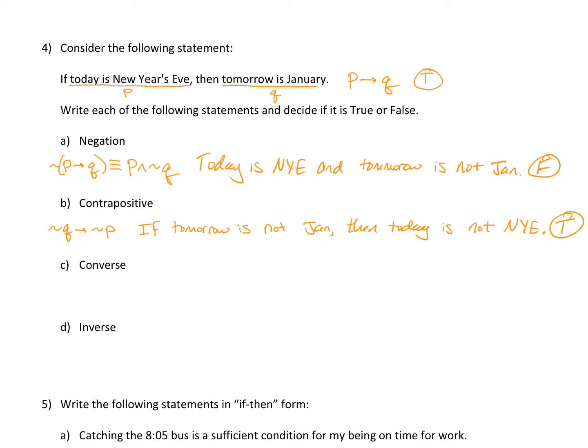Okay, the converse of an implication, P implies Q, is Q implies P. So Q is tomorrow is January. So it says if tomorrow is January, then today is New Year's Eve.